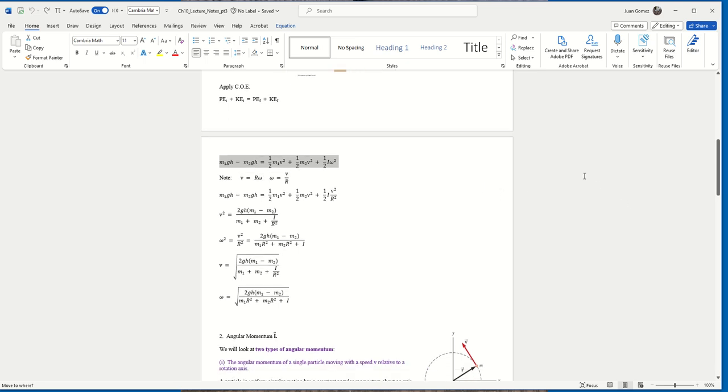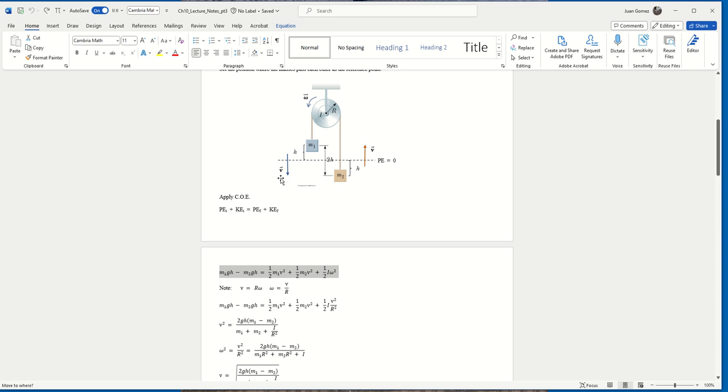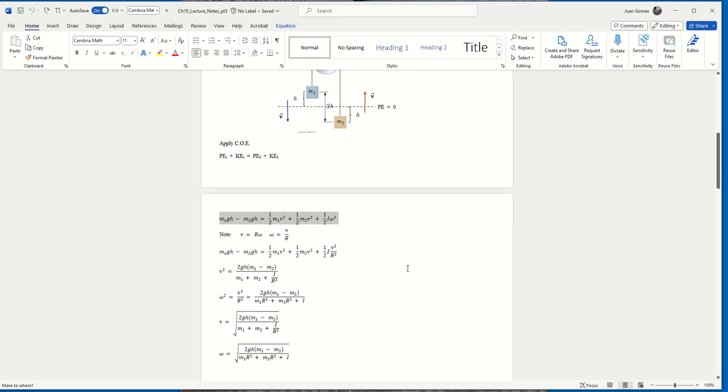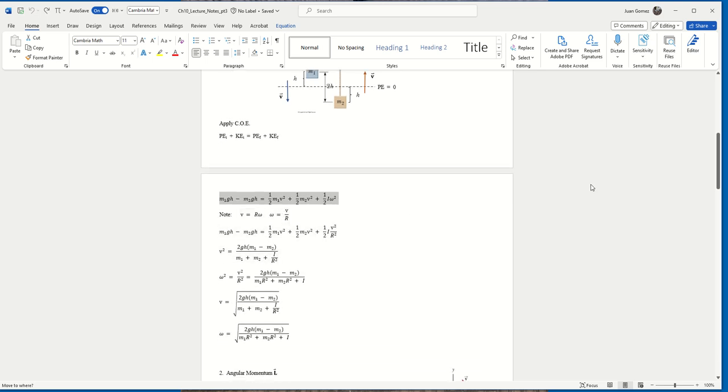The tangential, linear speed V is r times omega, because the linear speed of the string as it slides over the pulley is r times omega, or omega is V over r.